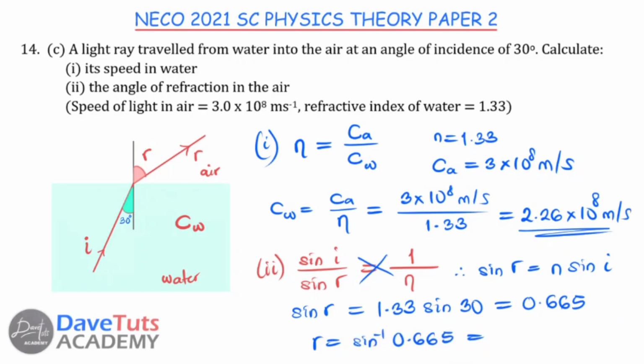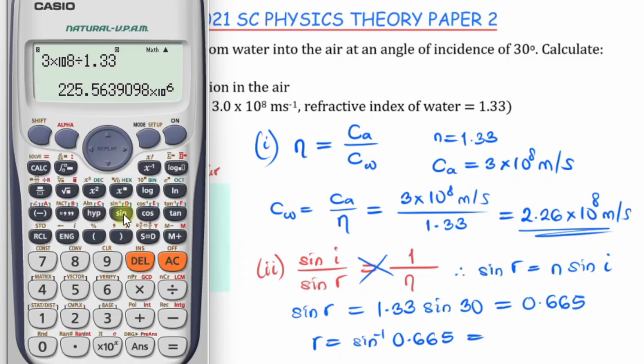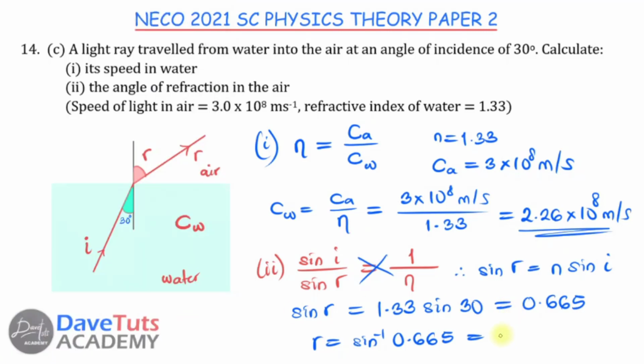You can use your calculator: arc sine 0.665. What's that going to give us? 41.682. You can just say 41.68 degrees. So our understanding of the fact that this particular ray of light is moving from water to air helped us to holistically solve this question, to find the speed in water and then the angle of refraction in the air.